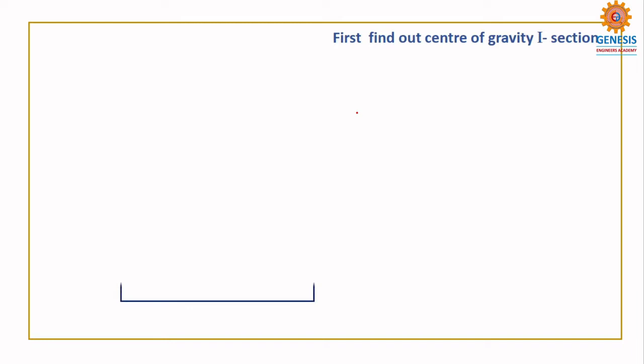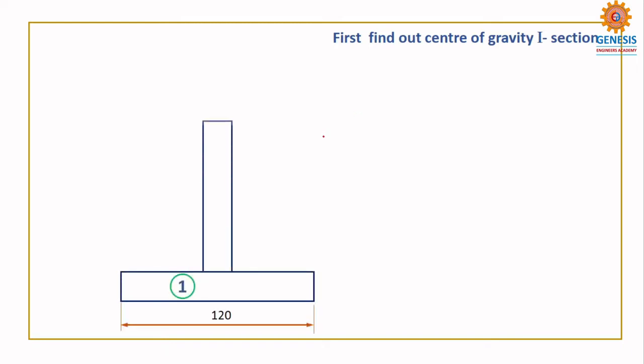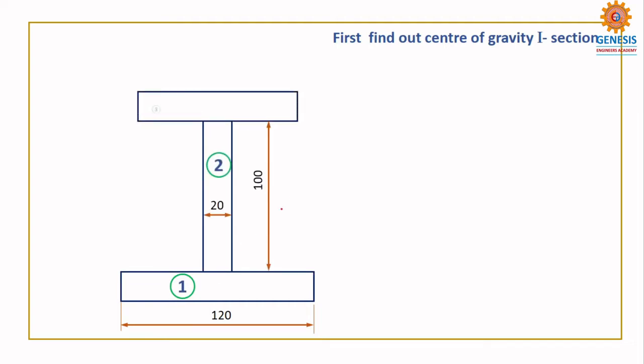I have named the bottom flange as 1, the web as 2, and the top flange as 3. You can name them as per your requirement, and you also have to find the dimensions of the individual sections. These are section 1, section 2, section 3.